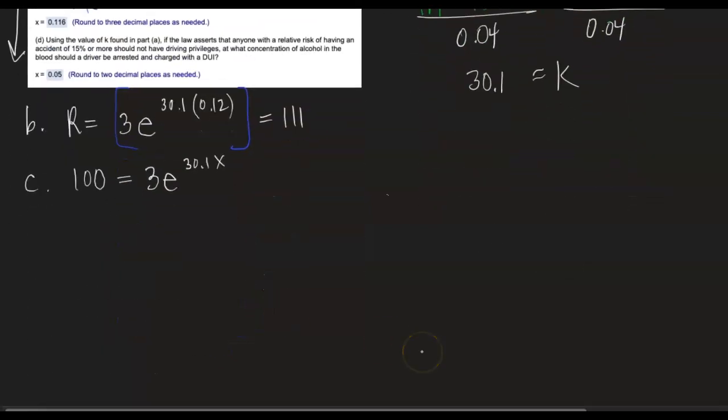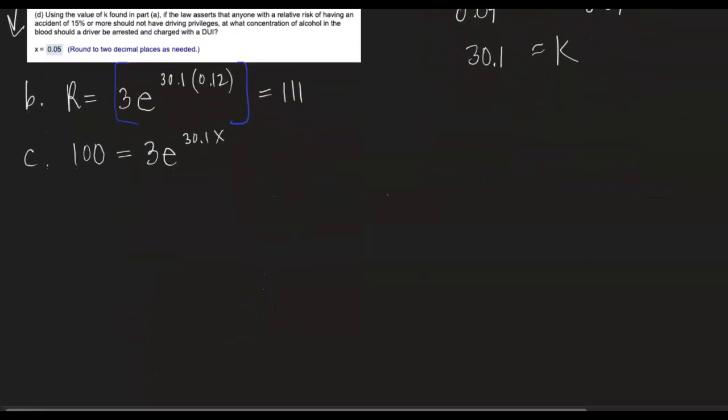And with a little bit of space here, we'll start by dividing both sides by 3. And again, either keep several decimals, refer to it in your calculator as the previous answer, or better yet, just leave it as the fraction, 100 over 3. That's fine too.